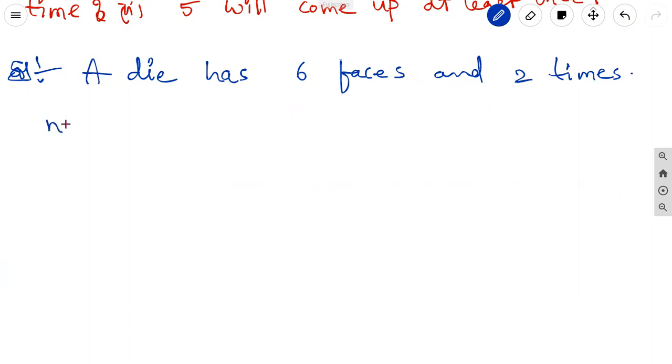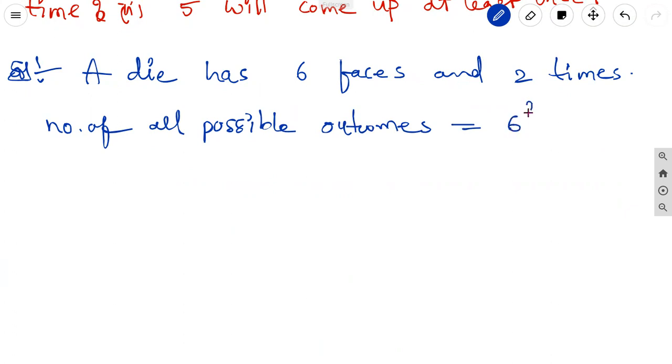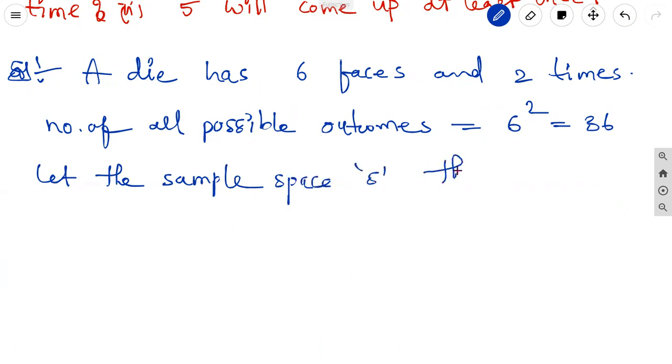So, the number of all possible outcomes equal to 6 square. 6 into 6, 36. Let the sample space be S. Then number of outcomes in the sample space, n of S equal to 36.